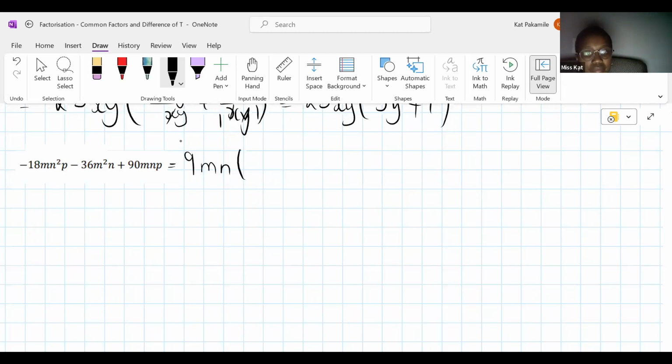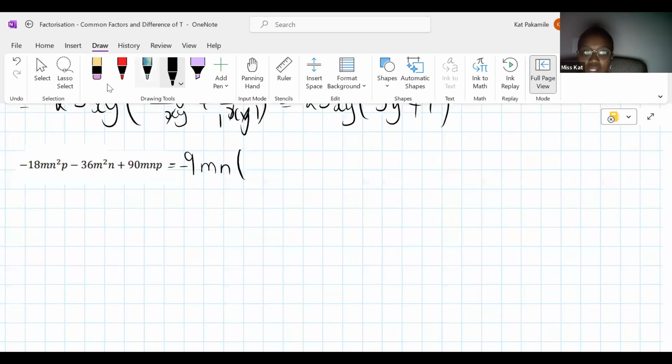Wait, ma'am, can't you say the highest common factor is negative 9P? I mean, you can. You're allowed to do that. Okay. Negative. And then, ma'am, in the first bracket you're going to put negative 2NP.